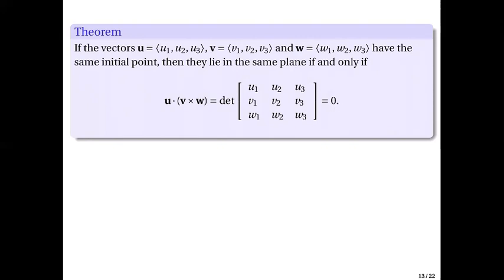So you have three vectors u, v, and w, and you calculate the scalar triple product. If it happens to be equal to 0, then u, v, and w are on the same plane. And of course, if you have three vectors lying on the same plane, then the scalar triple product will be equal to 0.